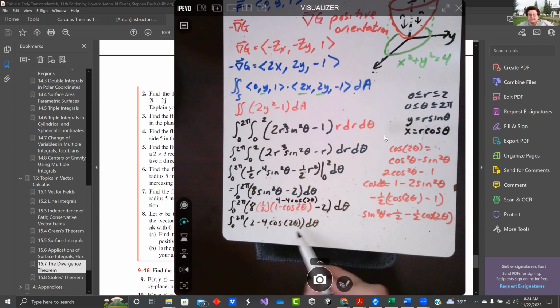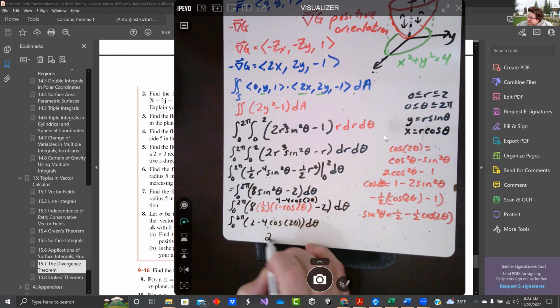Now the cosine 2 theta, we're going from 0 to 2 pi. And so when we have that periodic function and we're getting right back to the same spot we were on, it's magically delicious. That goes away. And all we're left with is 2 theta from 0 to 2 pi.